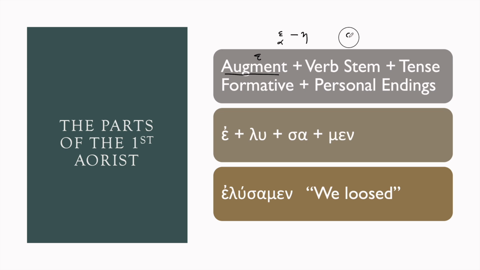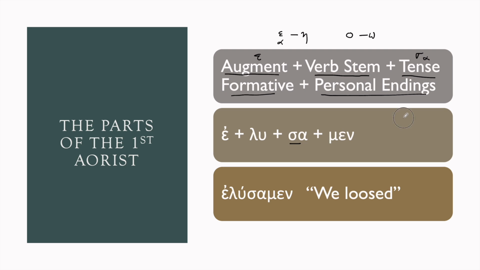If you have a verb that begins with an omicron, it's lengthened to an omega. Okay? Then you have the verb stem, and you have something called a tense formative, like what we saw in the future. Remember, the future had a sigma. This has a sigma alpha. And then you have personal endings.